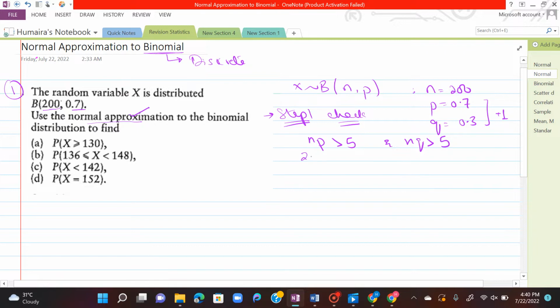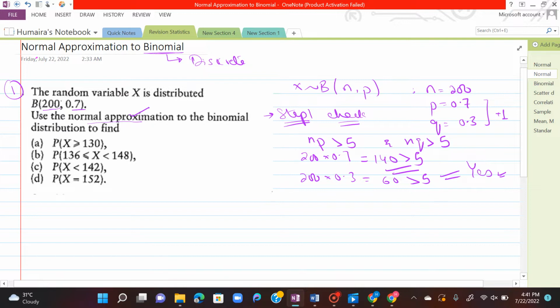Now if I do 200 multiplied by 0.7, the answer is 140, and obviously it's greater than 5. Fine, done. And for nq it's 200 multiplied by 0.3 and this answer is 60, again greater than 5. So yes, we have the permission to go for the approximation. We can apply the normal approximation to solve the question.